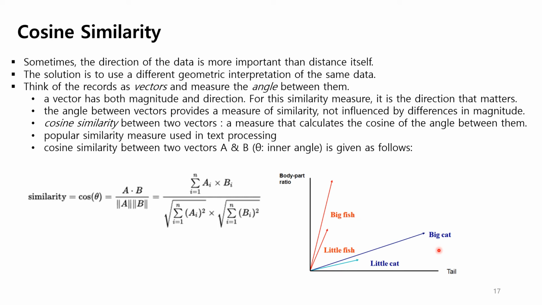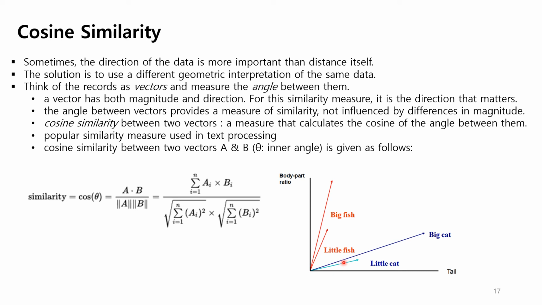In cosine similarity, when you measure the distance between two data points, we actually compute the angle between these two vectors. Suppose you compute the similarity between these two data points. Instead of computing Euclidean distance or Manhattan distance like this, you compute the angle between these two vectors.